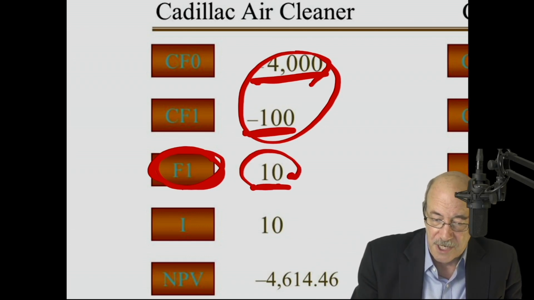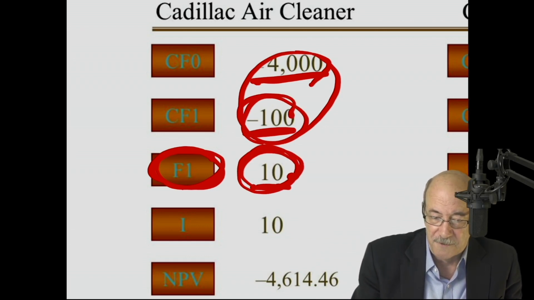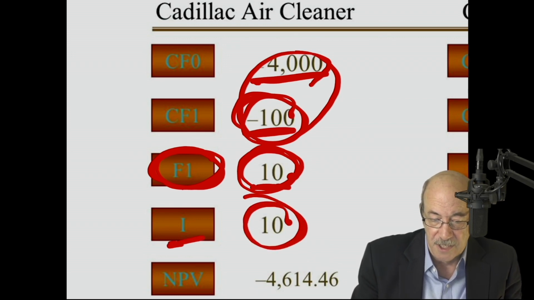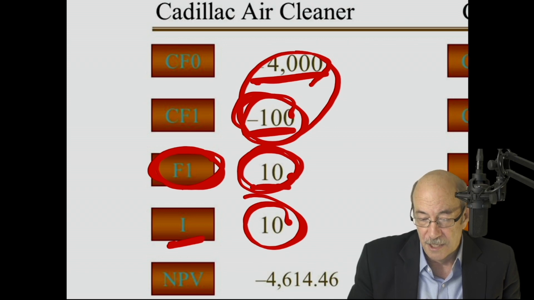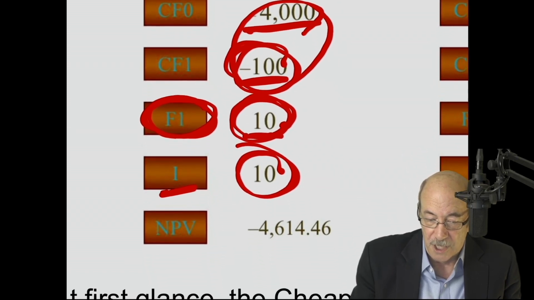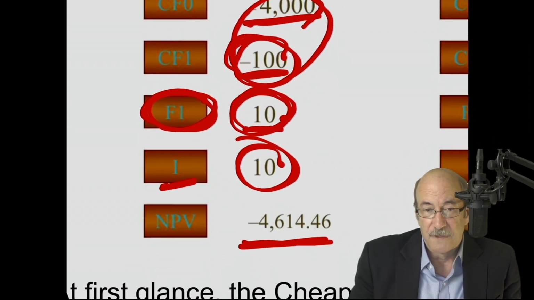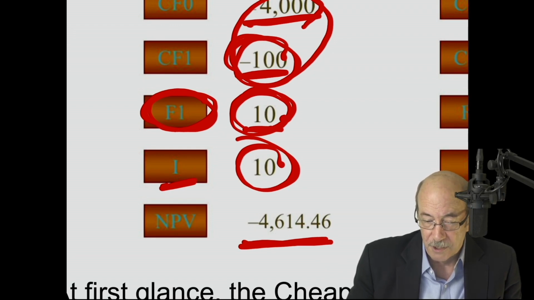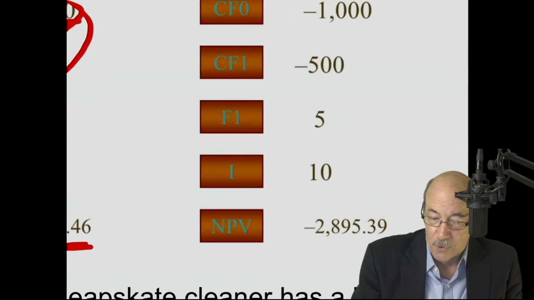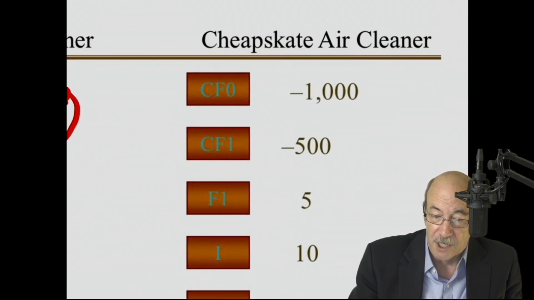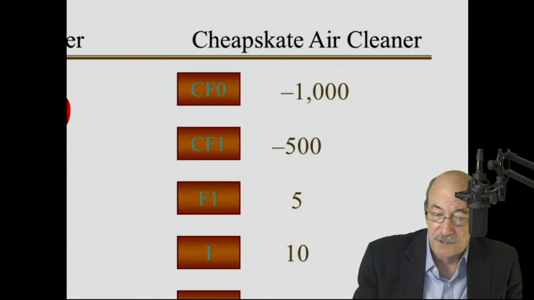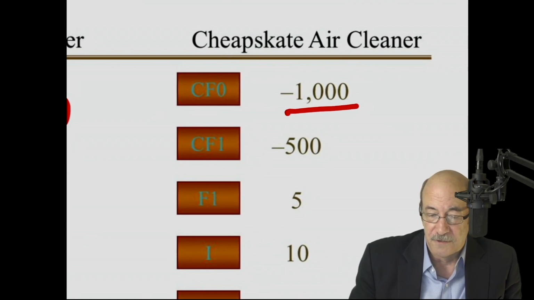Here we're going to use the 10 because that's the same cash flow for 10 years. We're using a 10 here because that is the discount rate, that's our I. And then we compute the NPV, which gives us a present value of our costs of $4,614.46.